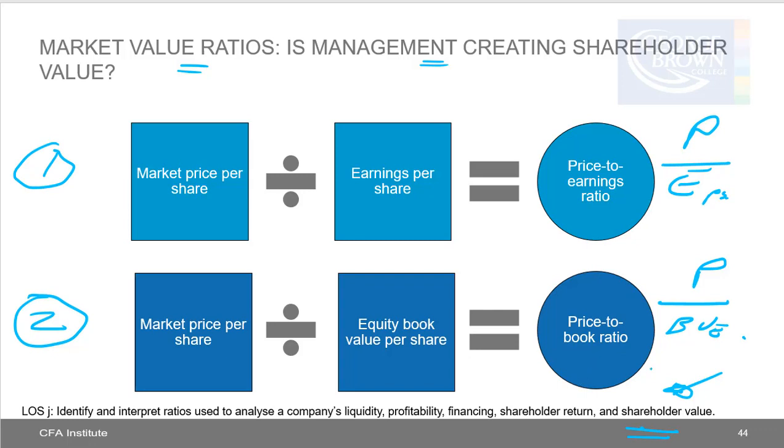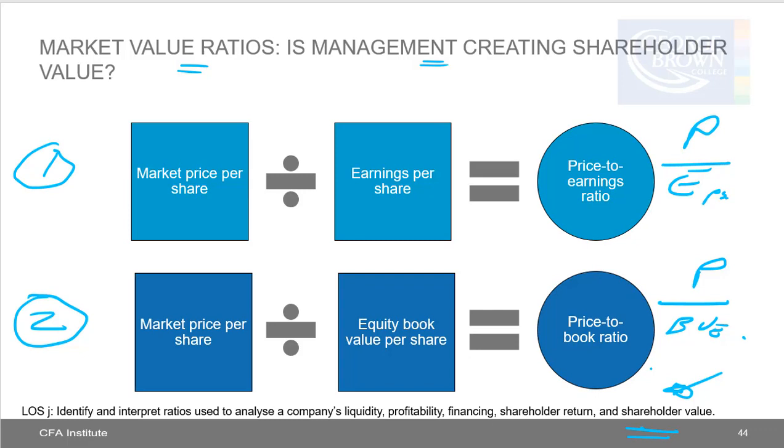Okay, so if the PE ratio is higher for one company compared with another company in the same sector, it may indicate that the investors think that the company with the higher PE ratio has stronger growth potential. Alternatively, the stock with the lower PE ratio may be undervalued by the market, potentially.